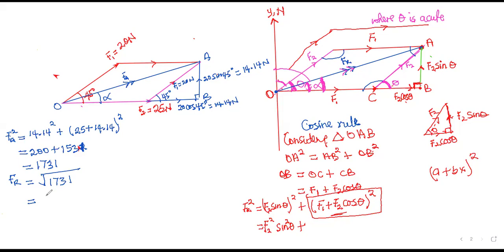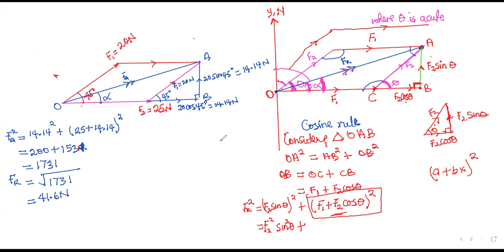The square root of 1,731 is 41.6. This is 41.6 Newton.